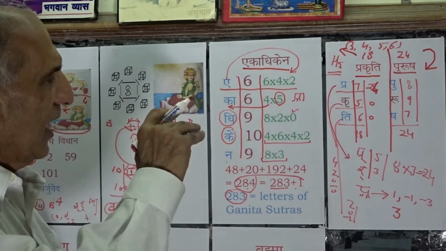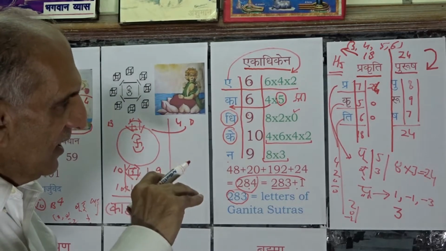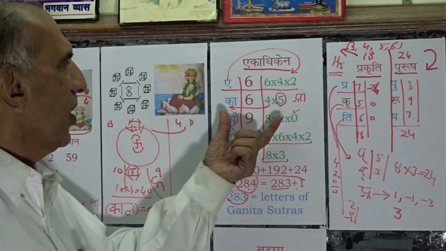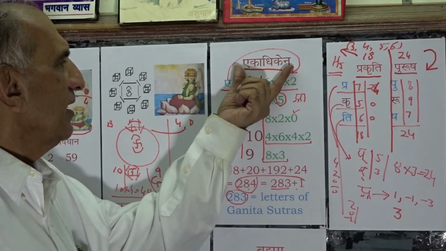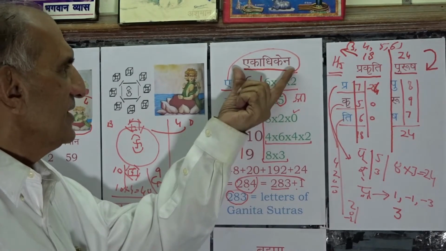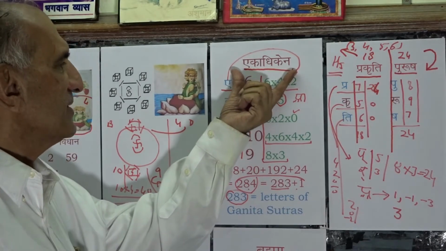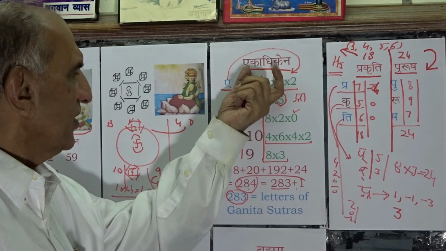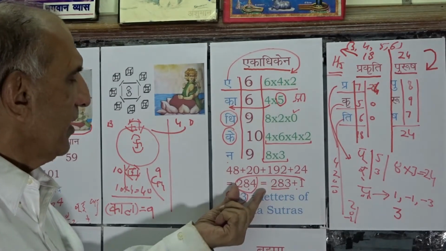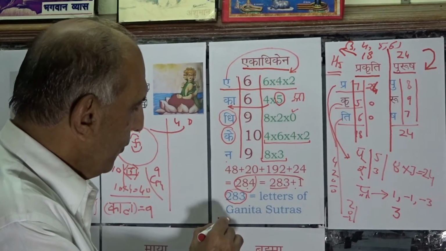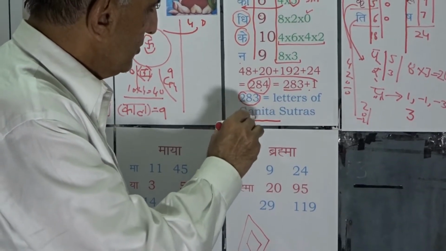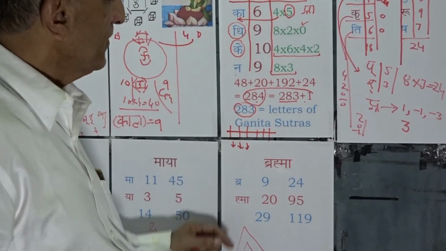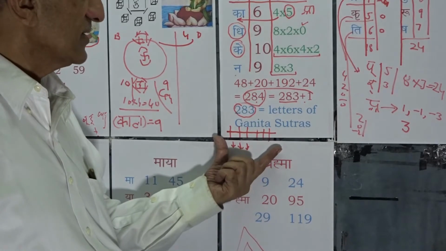Therefore, we shall sit comfortably and permit the transcending mind to be face to face with how Ekadhikena, the first formulation, is providing us a transcendence format for the flow of the transcendental content of value 284, and the range of 284 will be providing us 283 gaps, and from here will be flowing the manifestation of the text of the Ganita Sutras.